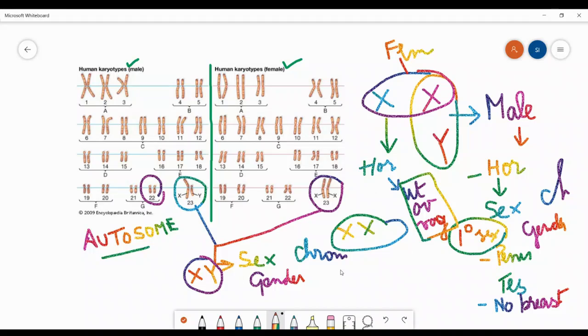These are primary sexual characters. Now you may think, what about breast?